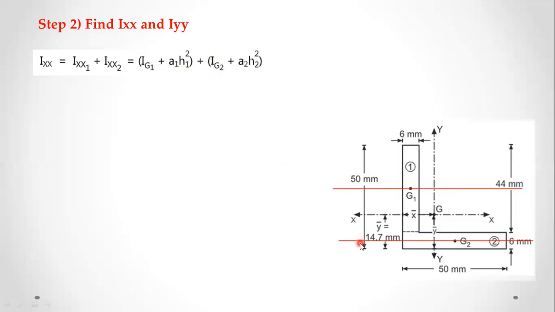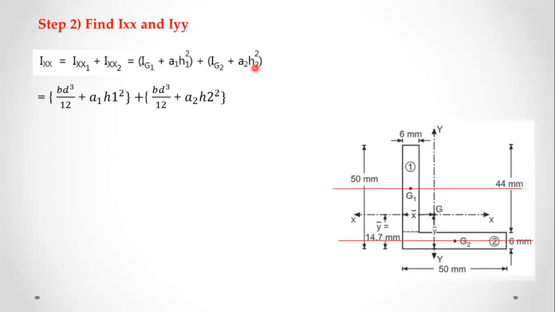Ig2 is the moment of inertia of the second rectangle about its own axis passing through G2, and the formula is BD cube by 12. A2 is the area of the second rectangle. H2 is the value we found in step number 1.